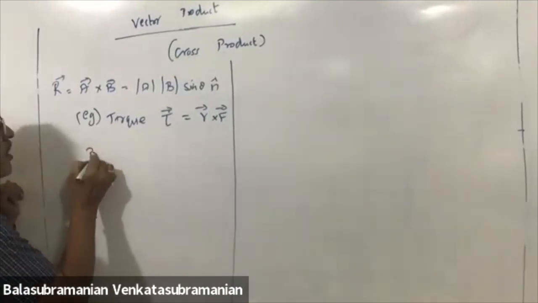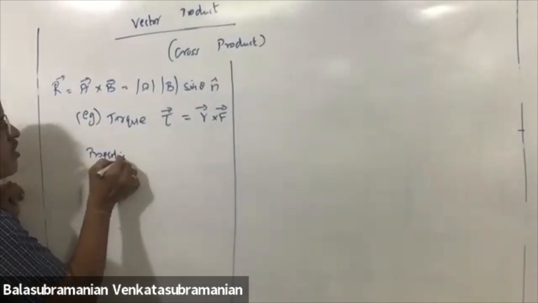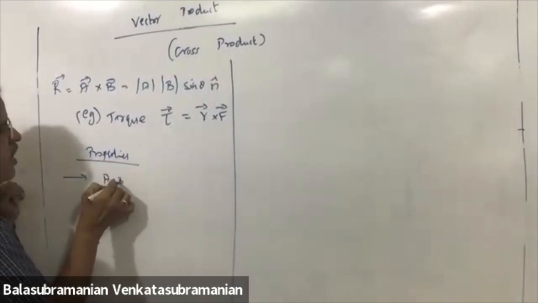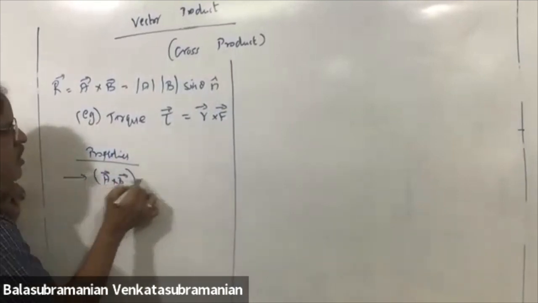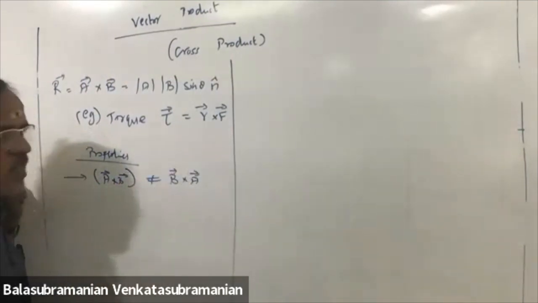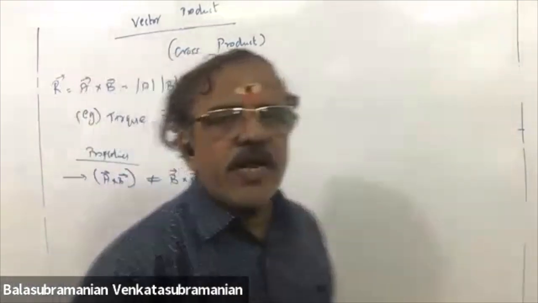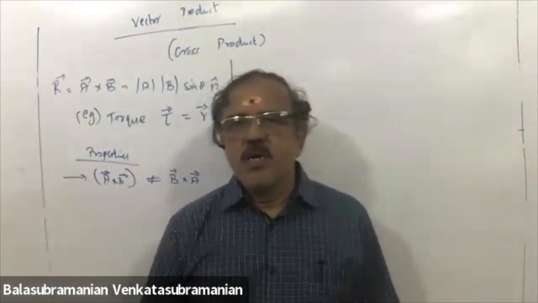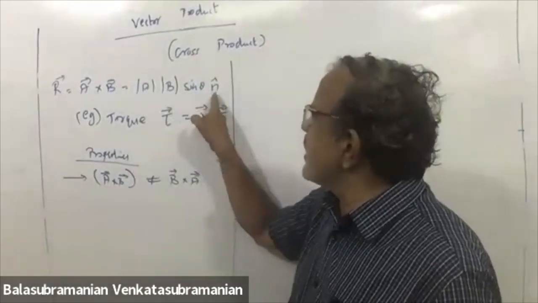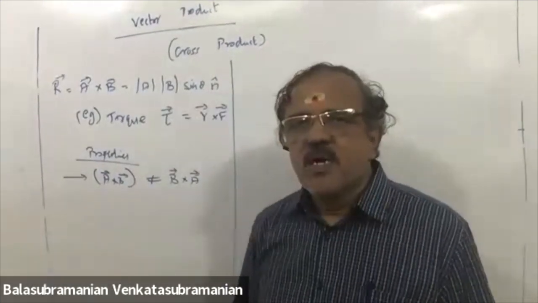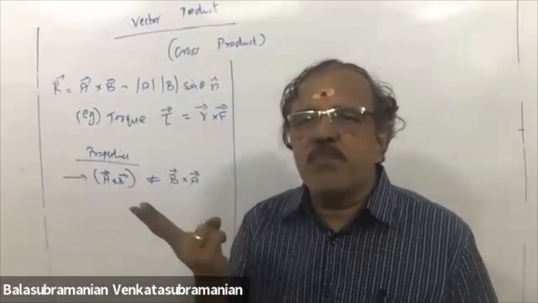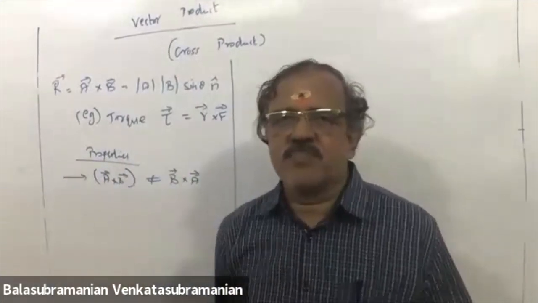Some properties we will write. A cross B is not equal to B cross A. Why? It is not commutative. Because A cross B means AB sin theta n cap, and B cross A means BA sin of minus theta n cap.